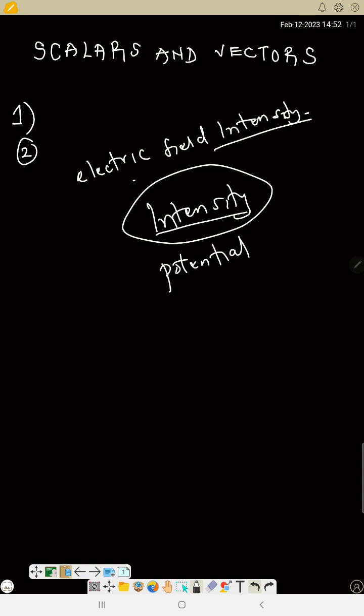Again, another point: all quantities that have to do with magnetism, e.g. magnetic field intensity, magnetic flux density, magnetic induction, all forms of magnetism are vectors. Another one: all gradients are also vectors.